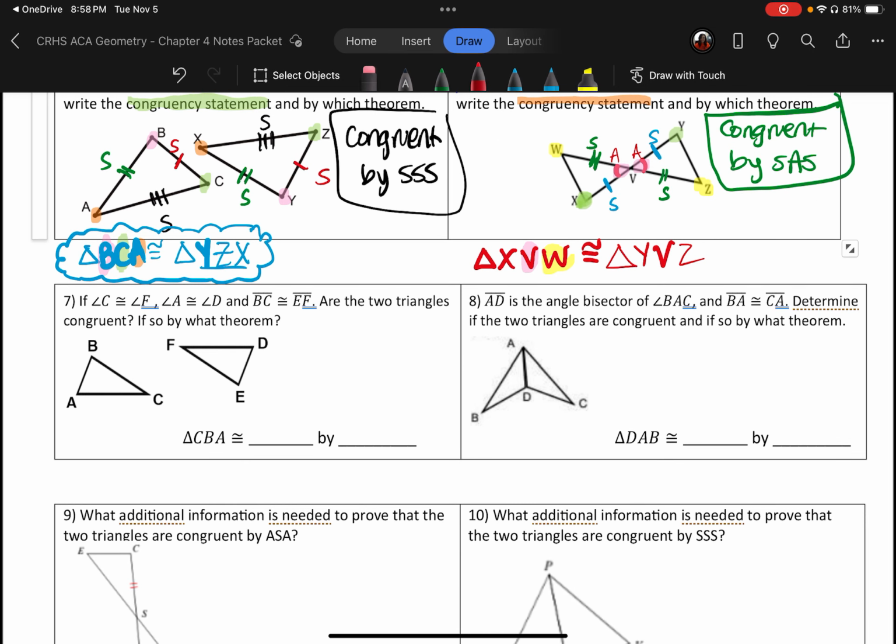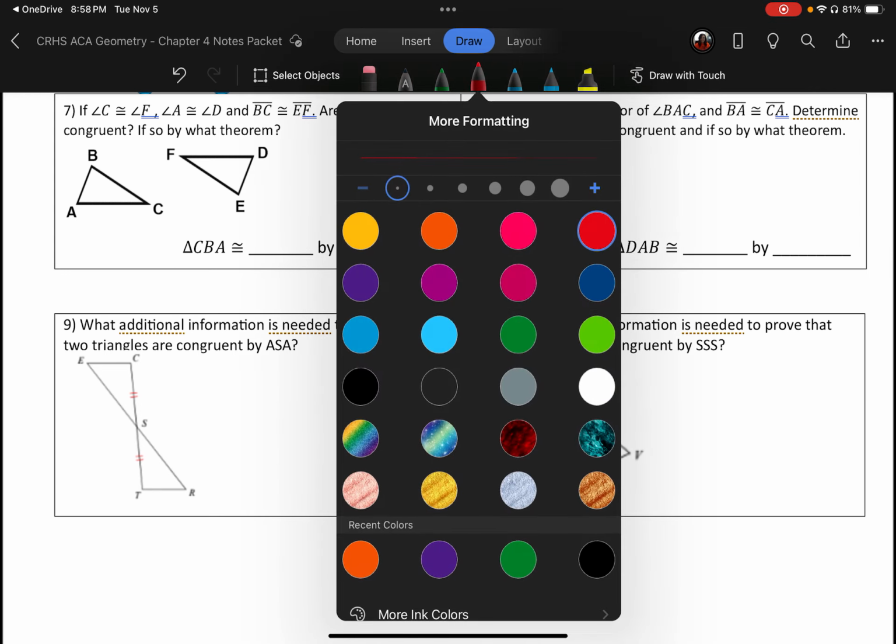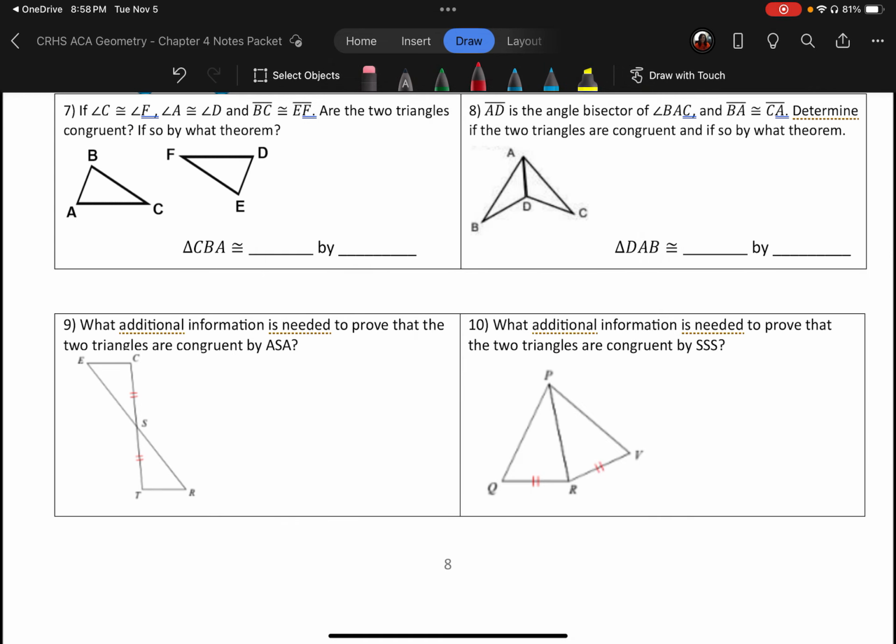7 and 8 are similar, but this time they didn't mark the pictures for you. We have to mark it. So let me scroll down here. Number 7 says, if C is congruent to F, as I read these questions, I'm going to start to mark it. So C congruent to F, that is a congruent angle. We'll mark it with an A. Next, it says angle A is congruent to angle D. So I'm going to mark this with 2 rings.